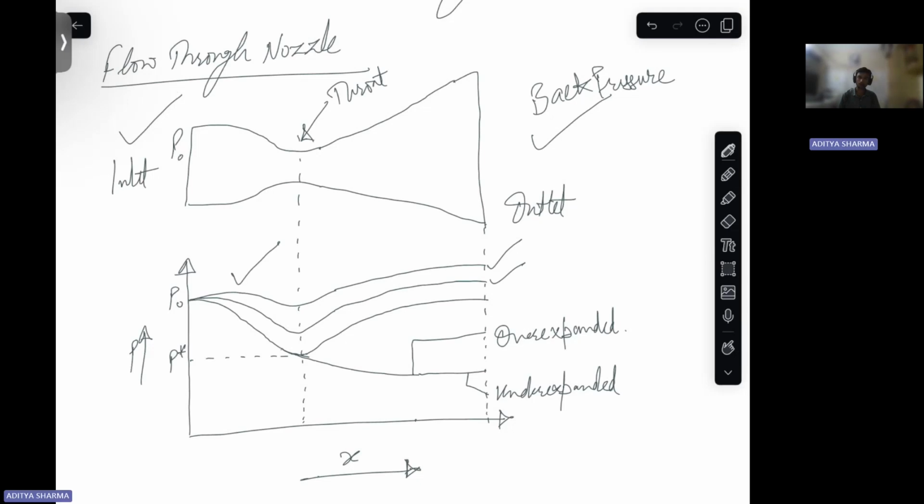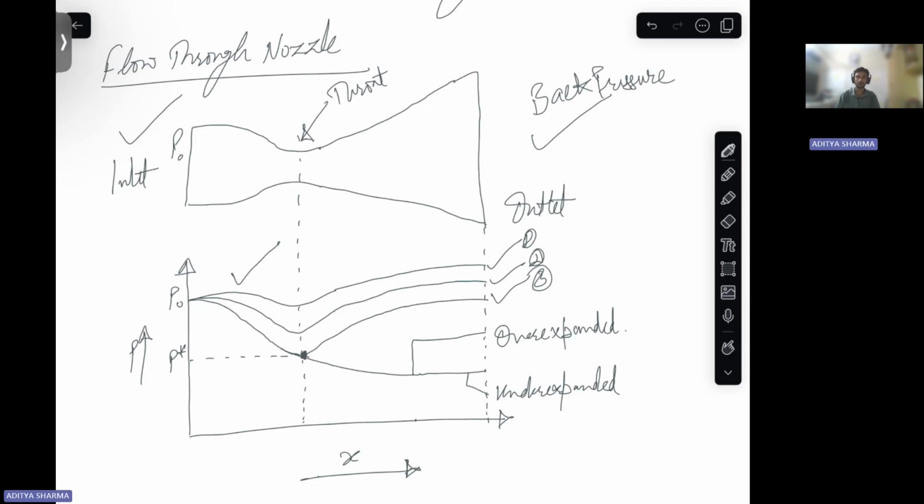Then here also, if we further decrease the back pressure, and then comes a point, this third situation, where the throat gets choked. Okay. So at throat, the pressure will not fall beyond this point, even if you keep on decreasing the back pressure.